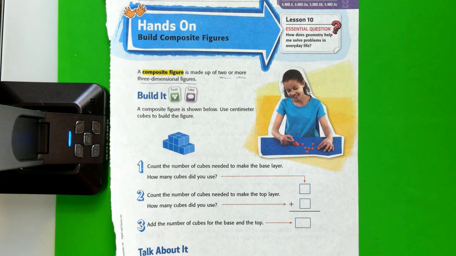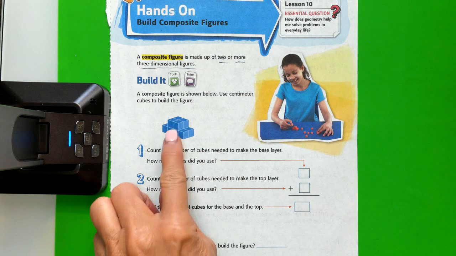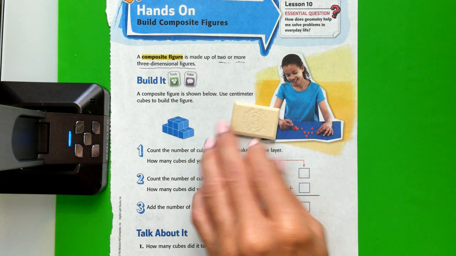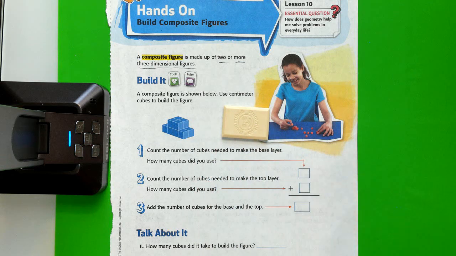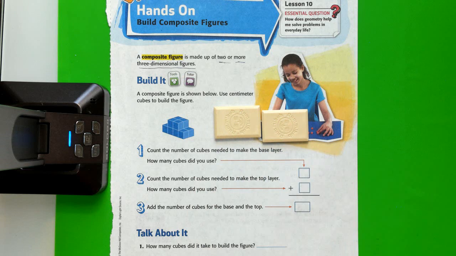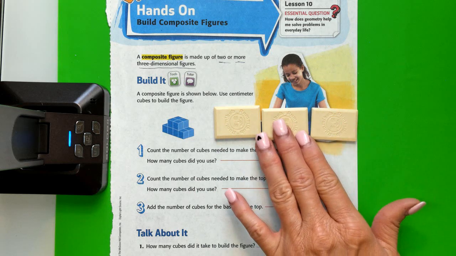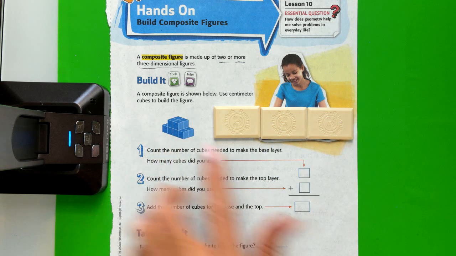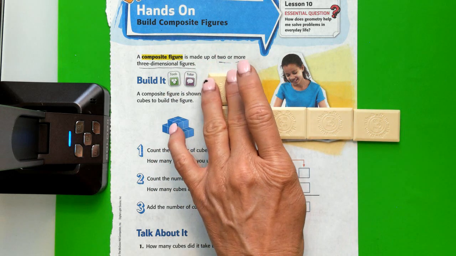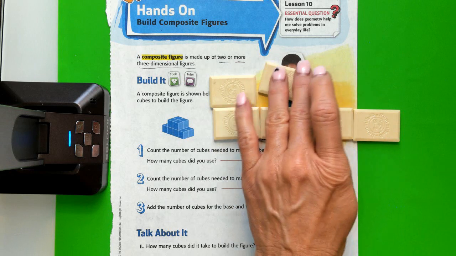So, we're going to build the figure shown using centimeter cubes. Well, I don't have centimeter cubes, so I'm going to use my game tiles. And it shows us 4 in length, 1, 2, 3, 4, and 2 wide.